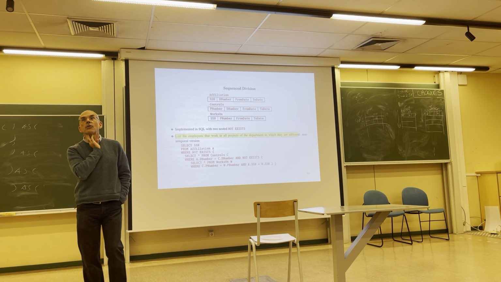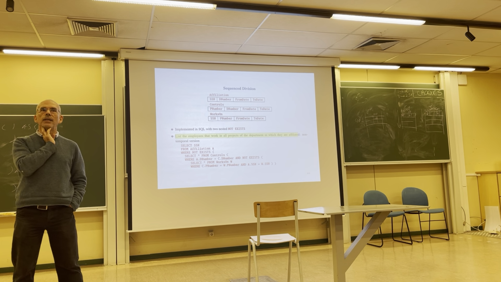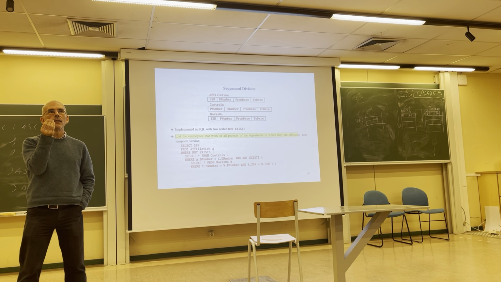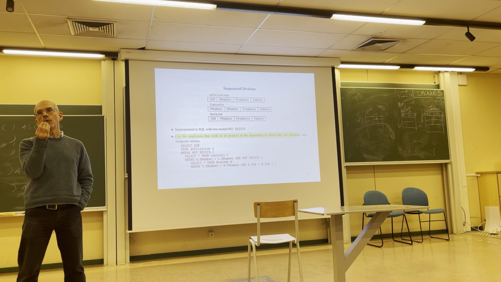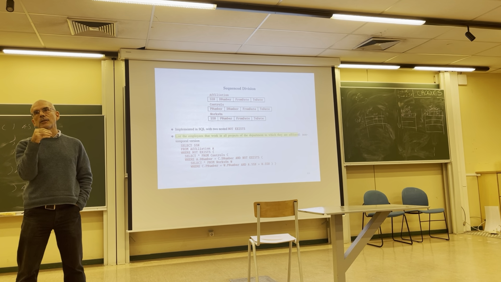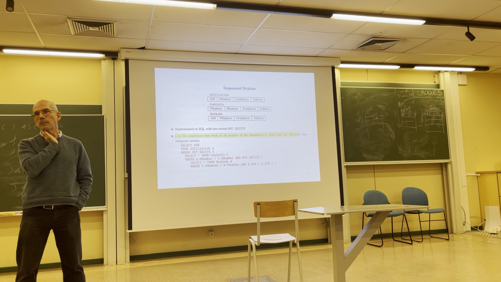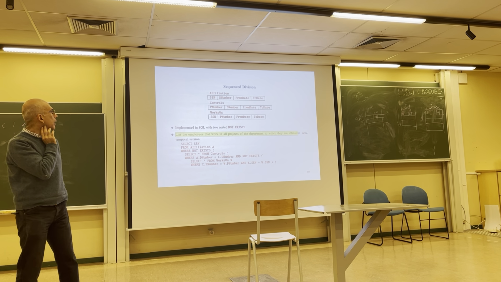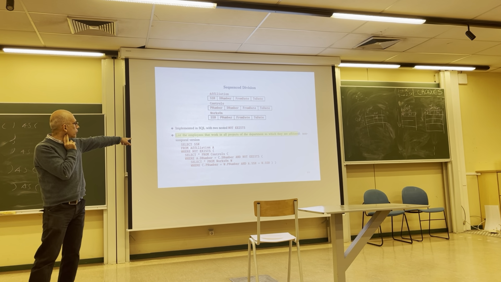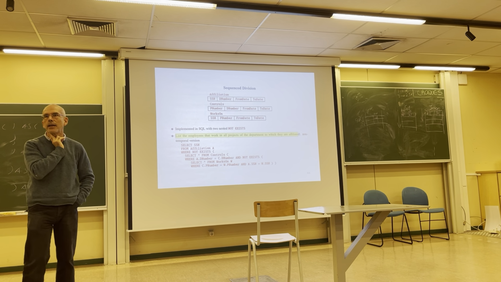But for me, there is no possibility to express this for all. If you are forbidden to use the for all, how would you write this without the two not exists? Why are we forbidding the use of for all? Because SQL does not have it, and then I'm forced to do a double negation.